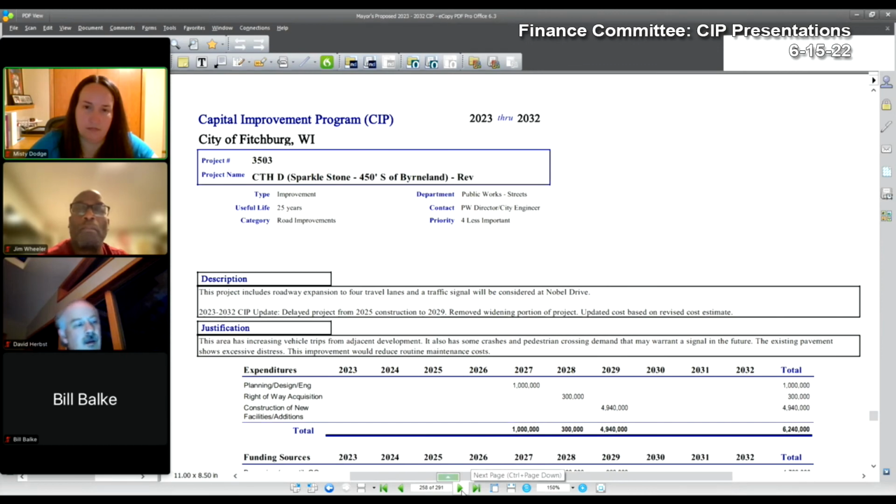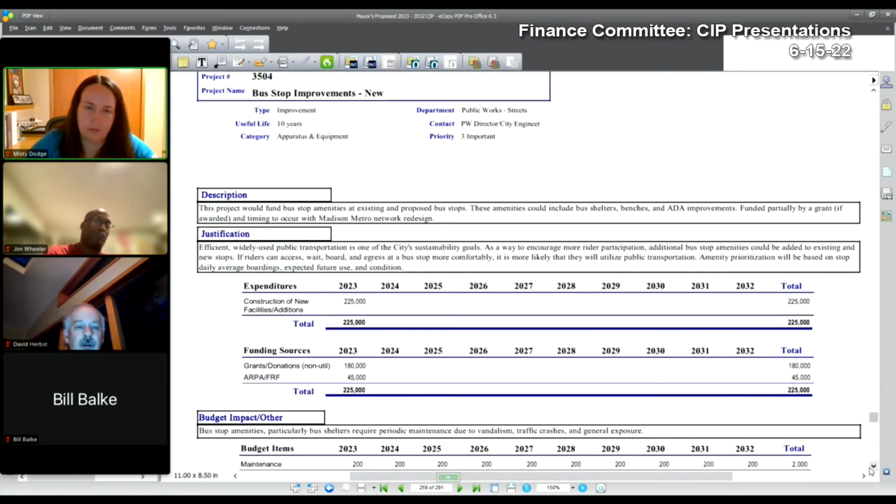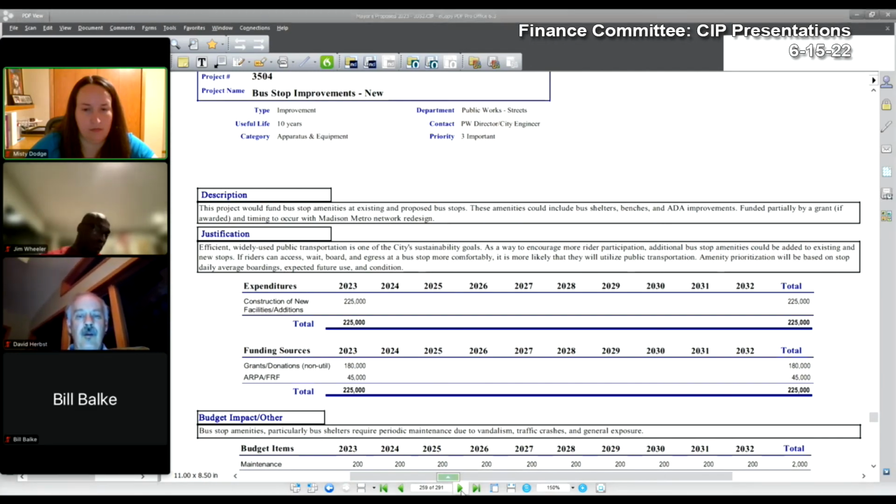Construction has been moved from 2025 to 2029, and construction costs reflect removing the widening of the roadway. 3504, bus stop improvements. This is a new project. This project would install shelters, benches, and ADA bus accommodations at existing and proposed bus stops. It would use grant funds and/or ARPA funds to implement the project.